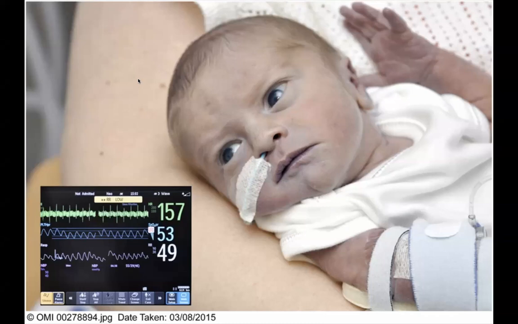He looks cyanosed with no obvious respiratory distress, having a dusky look. RR is 49 per minute, and saturation is 53 percent at room air. So this is a cyanosed neonate.